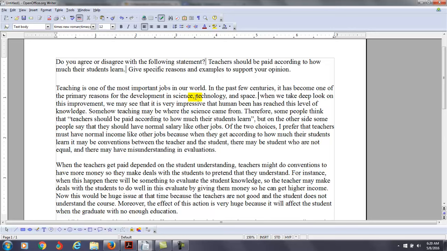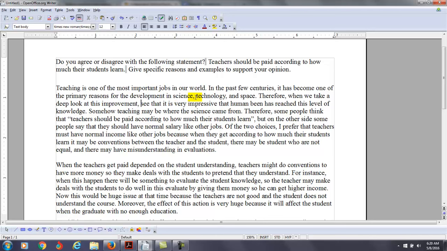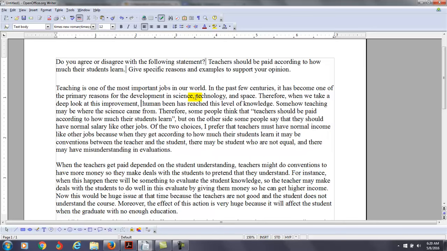And to make this a little bit more formal, you can say, therefore, when we take a deep look at this improvement, we may see... this is a little bit wordy here. So how about this?